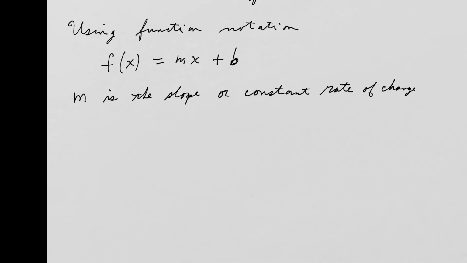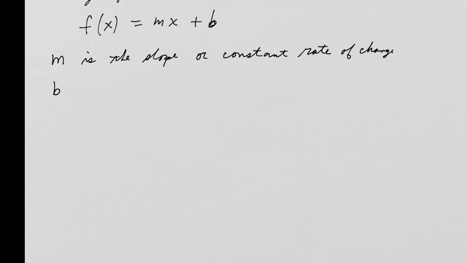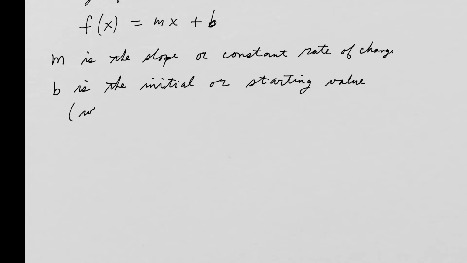And then the b is the initial or starting value, basically when x is equal to 0, right? When the input is 0, the output is going to be b.